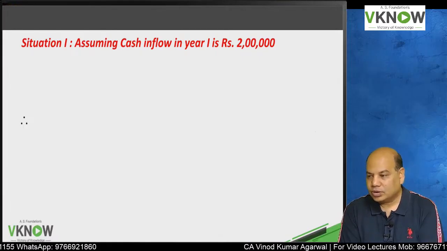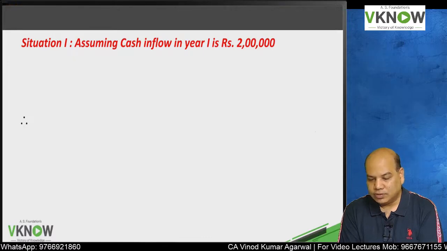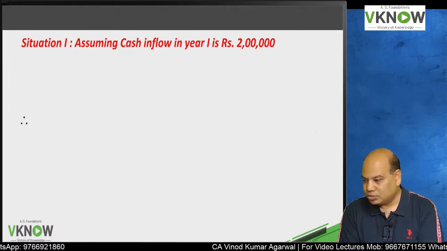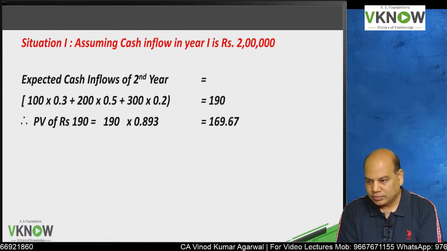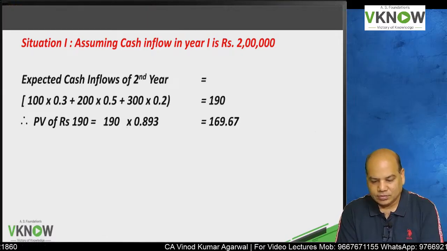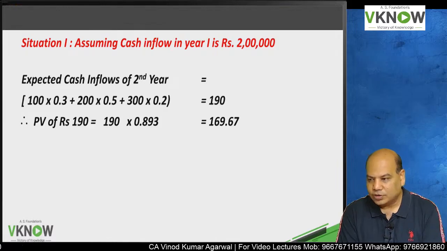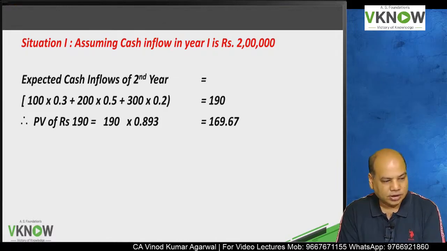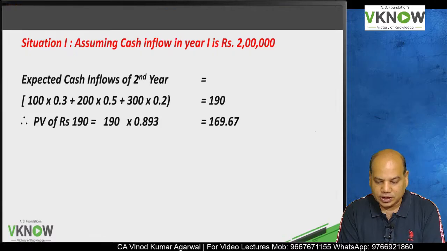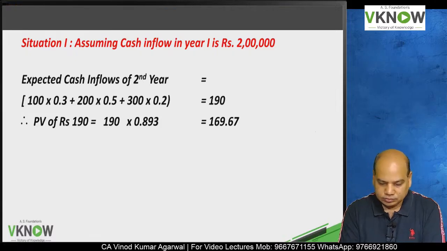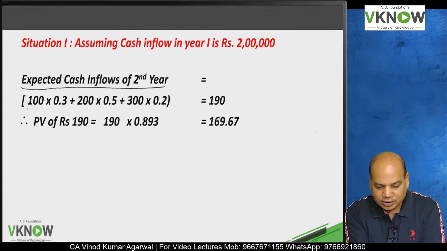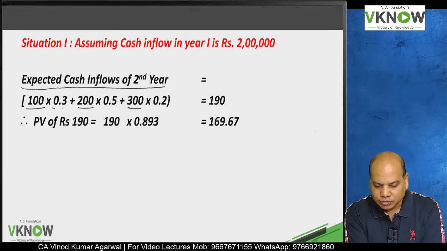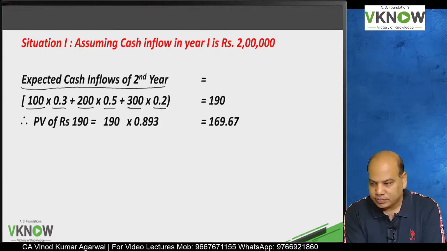Now write down the next line: expected cash inflow of the second year is equal to, the expected cash inflow of the second year will be either 100 or 200 or 300 with these probabilities.